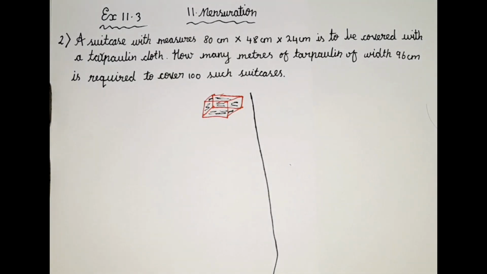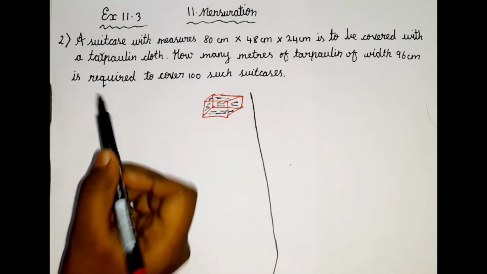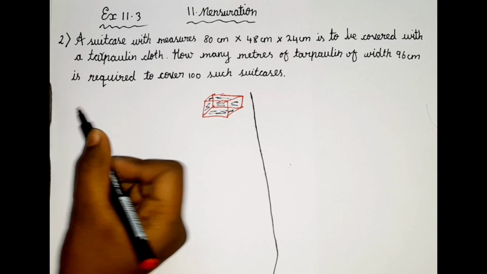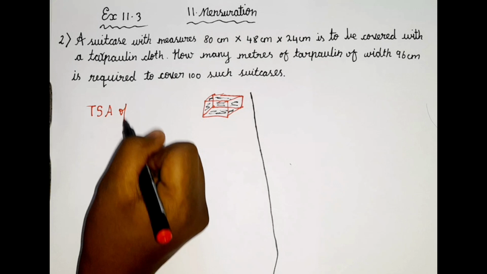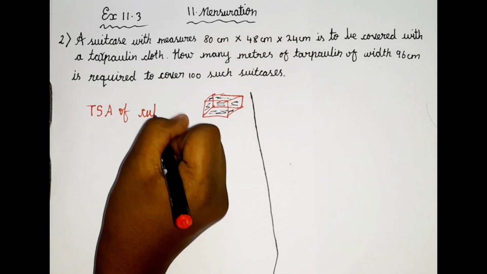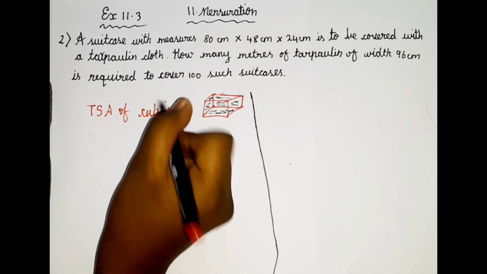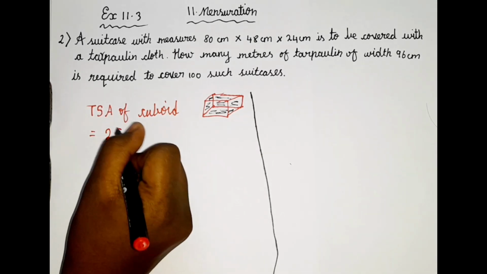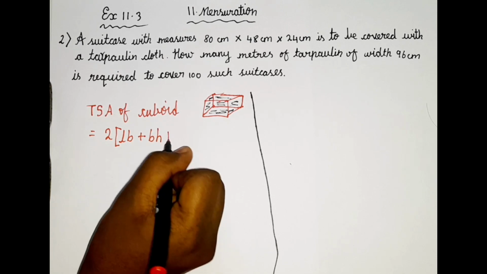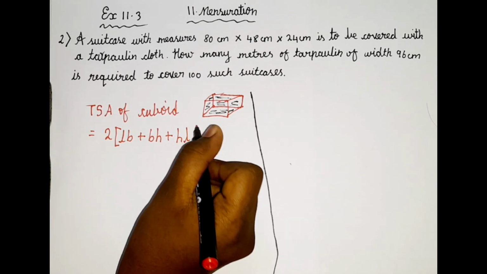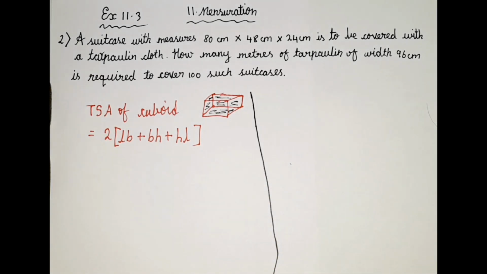So it's covering all the part, which means we are going to use TSA of a suitcase, that is TSA of a cuboid, okay? Because the suitcase is in cuboid shape. So what is the TSA of cuboid? 2 into length breadth plus breadth height plus height into length.